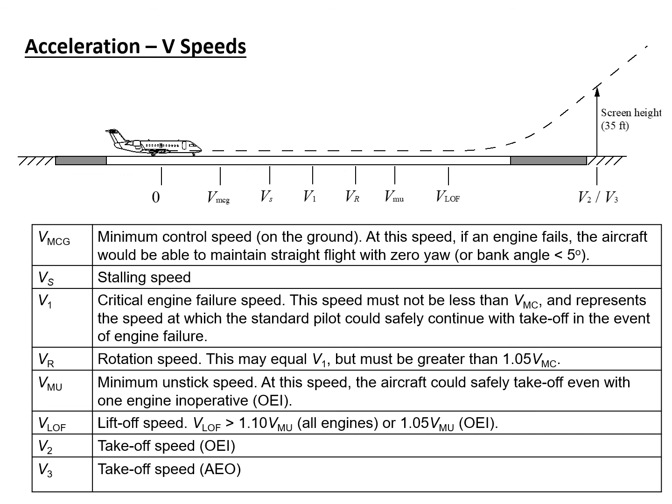After that, we have VR, rotation speed. And then we have VMU, minimum unstick speed. And finally, we have the liftoff speed. After the liftoff, the aircraft will leave the ground. So the final phase is V2 and V3. That corresponds to when the aircraft is higher than the screen height.